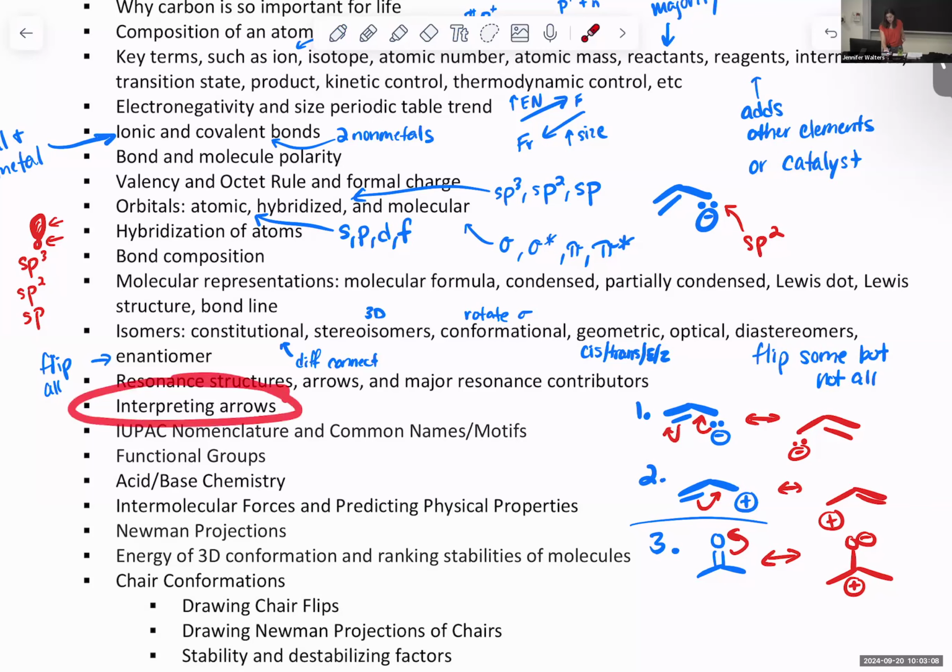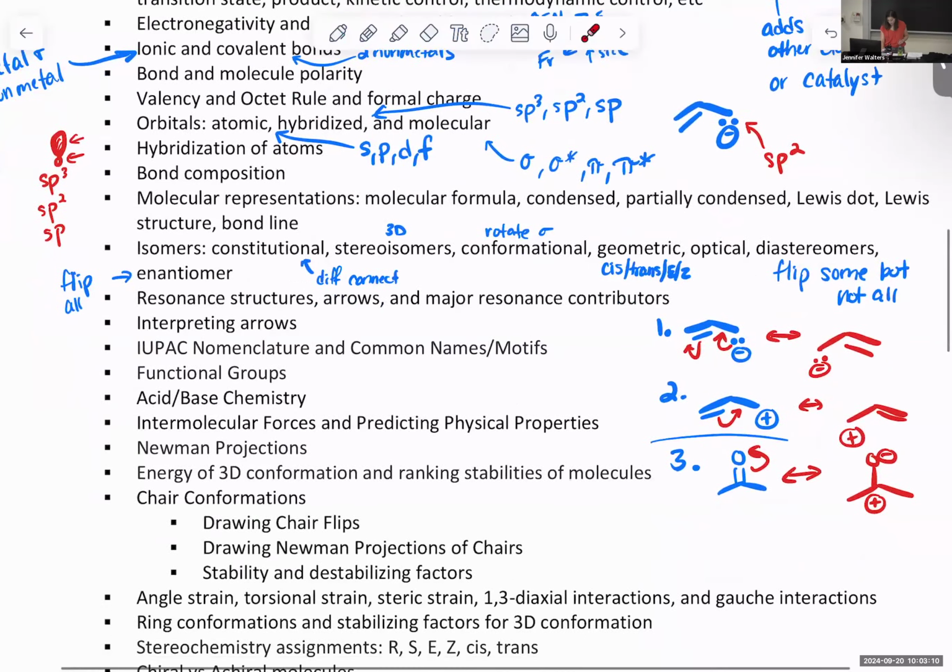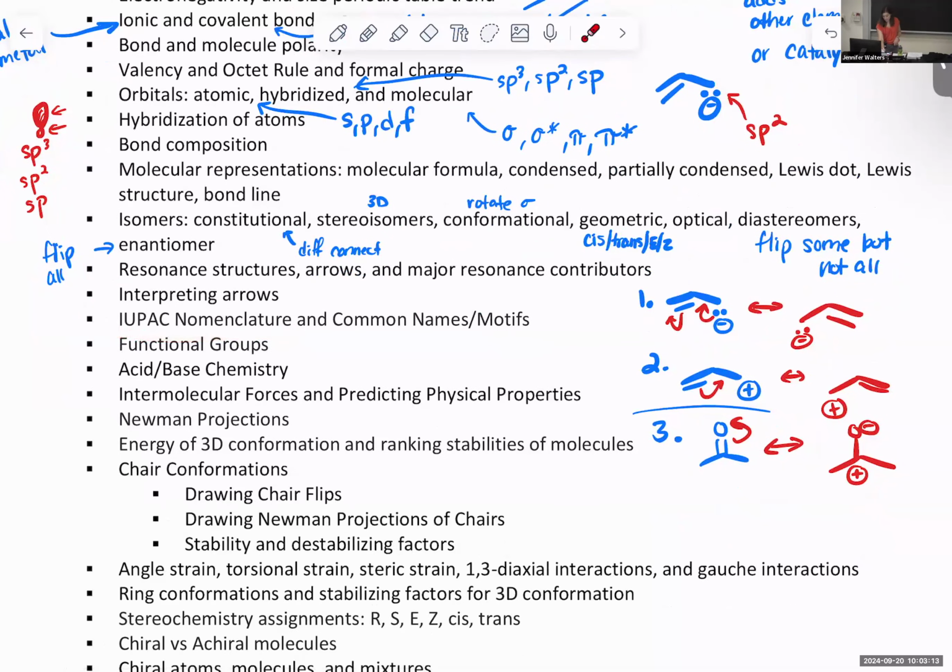Then we had all of our different arrows to know, all of that IUPAC nomenclature, as well as the common names and motifs. Remember, alkanes are not functional groups. It is the bare minimum to be an organic compound. So functional groups are the deviation from that. Alkane is what you are to be organic. Everything else on top of it becomes a functional group. So your methyl, methylene, methine, quaternary carbons, those are not functional groups.